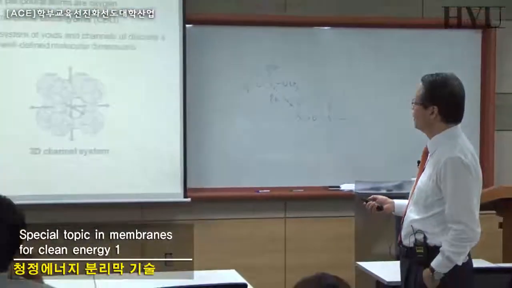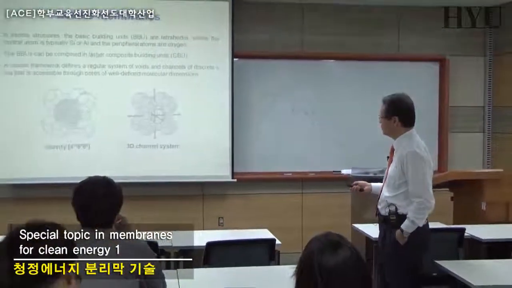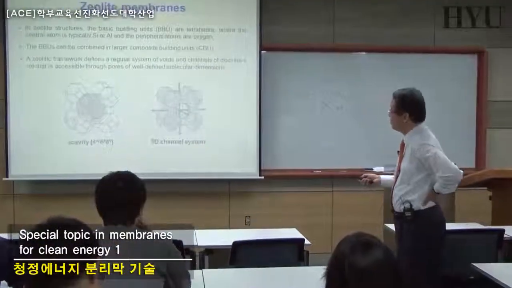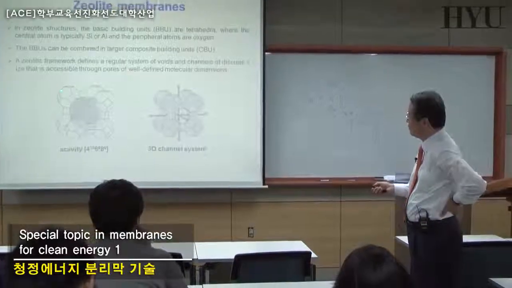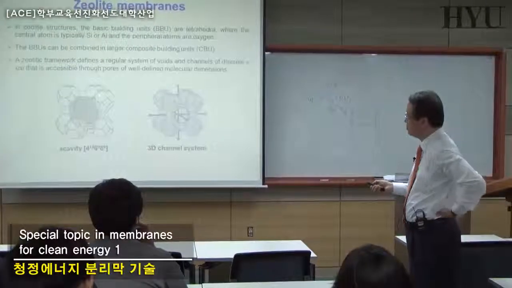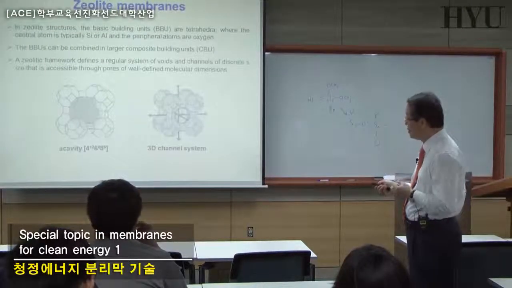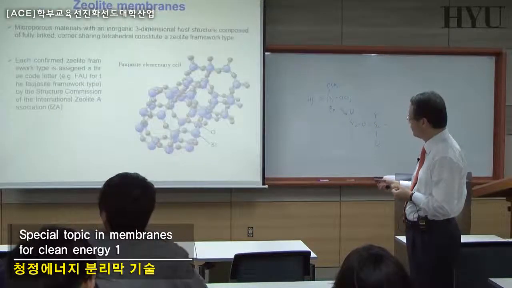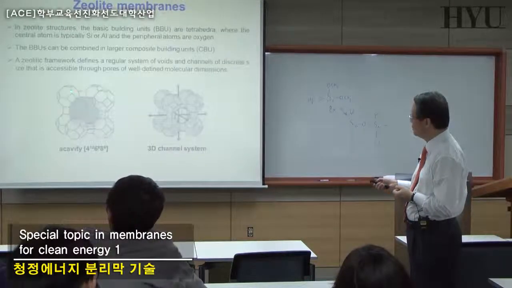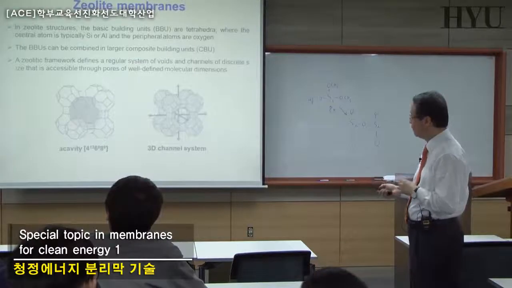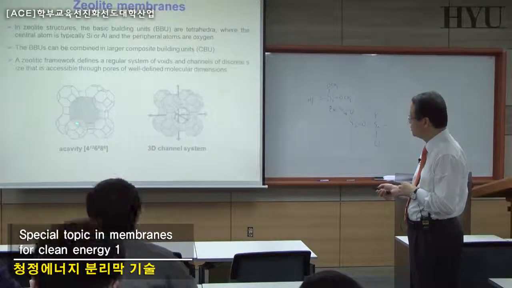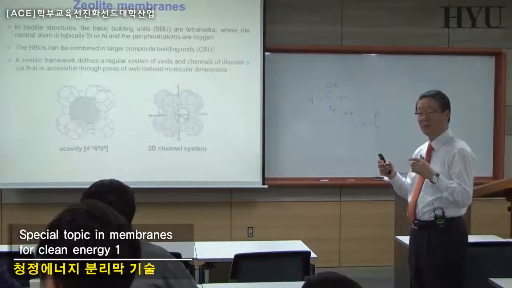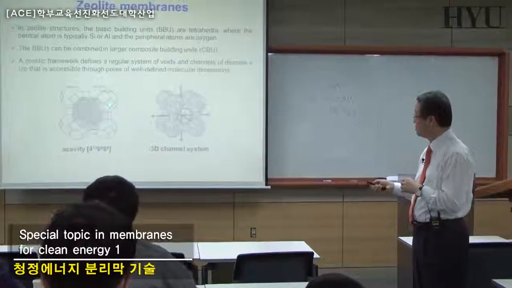This is one of the structures. As you can see, it looks like balls, okay? It's a framework that you have seen here, and this framework was connected to each other and formed the pores. This pore size might be because of the crystalline structure.